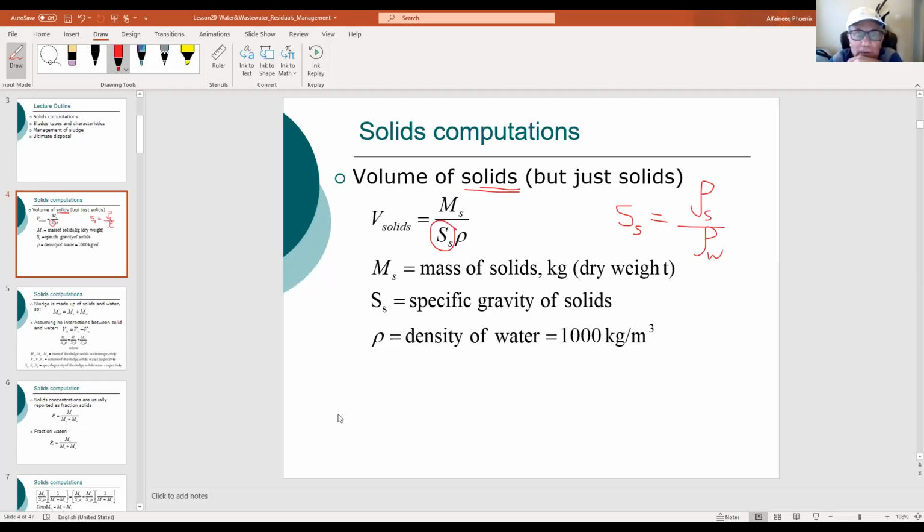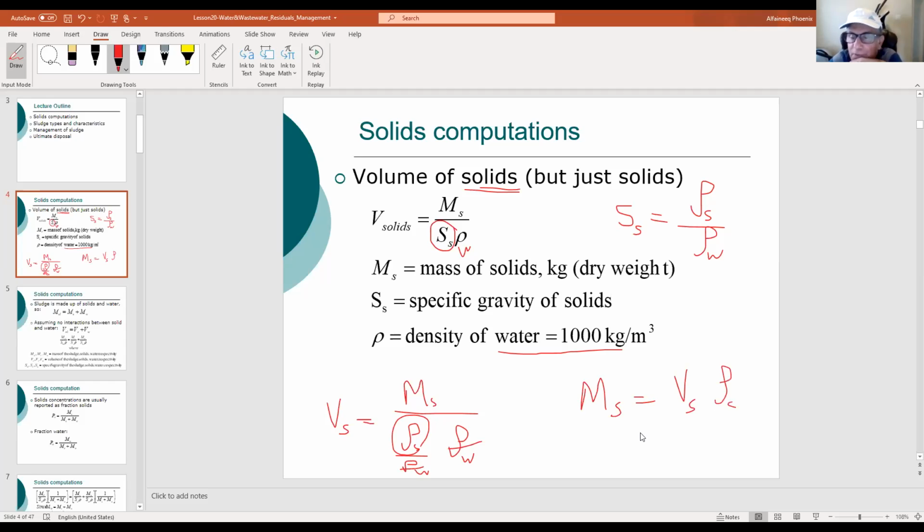So volume of the solids equals mass of the solids or sludge, whatever that thing is, divided by rho of the solids divided by rho of water, multiplied by rho of water. This is water here, and you understand that this cancels this. Now, what is this? This is nothing but Ms, the mass, times volume over mass, rho of the solids.